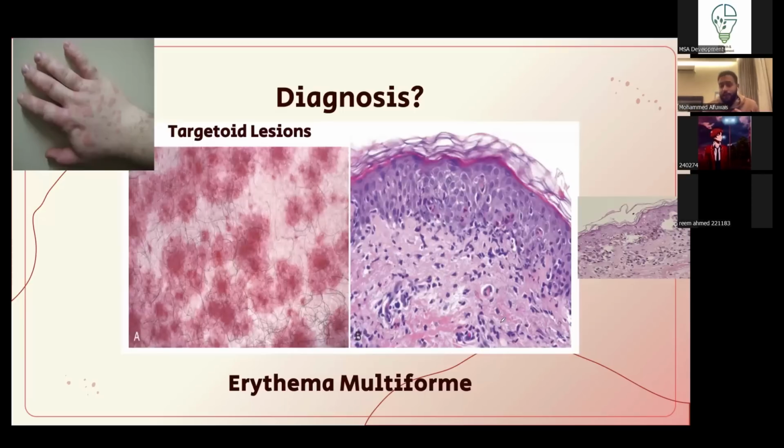We have infections that can cause it, and the common infectious links are strep, mycoplasma, and HSV. Then we have cancers that can cause it, for example lymphoma as well. Then we also have other systemic inflammatory diseases that can cause it, such as sarcoidosis. And lastly, medications such as antibiotics, sulfonamides, and some other medications.